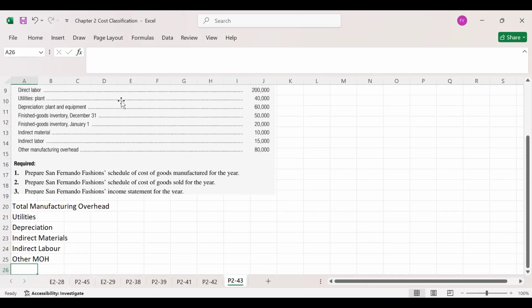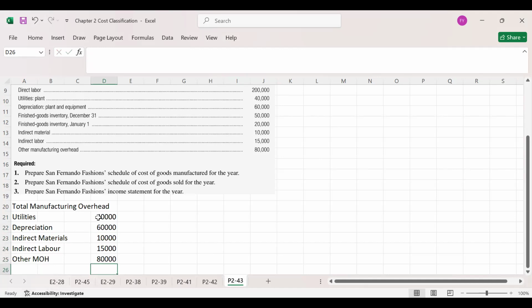So the utilities amount is, you can see, $40,000. Then we have depreciation, which is 60,000. Indirect material is 10,000. Indirect labor is 15,000. And the MOH, which is 80,000.